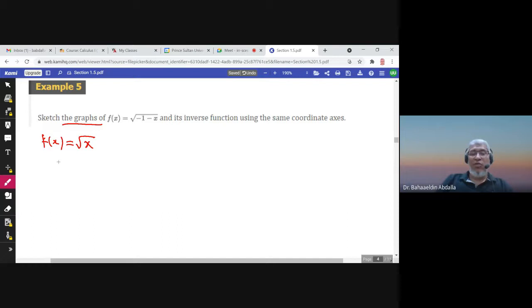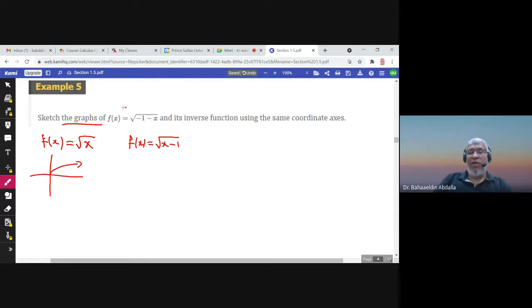And the square root function has this graph. Now, do we have transformations? Yes, we have a horizontal shift here. If I graph square root of negative x minus 1, that's the horizontal shift.